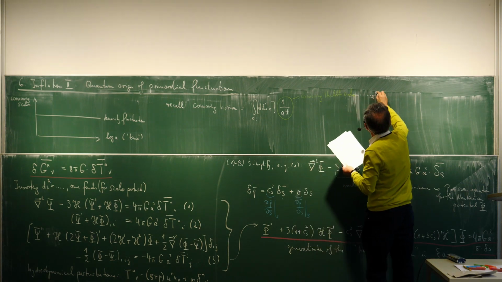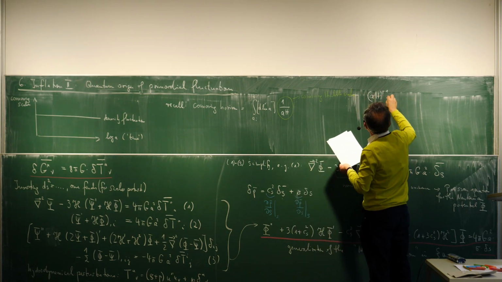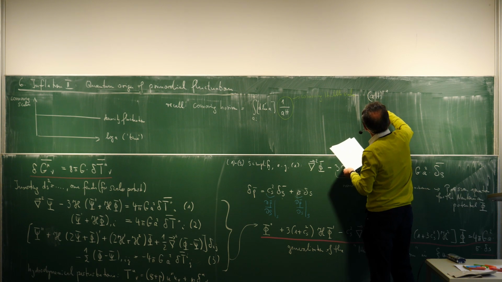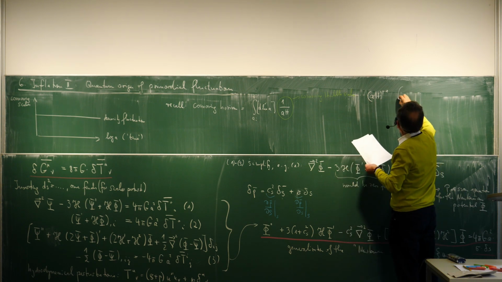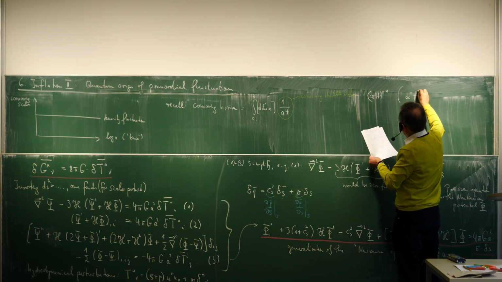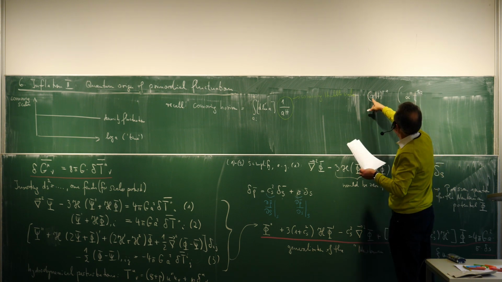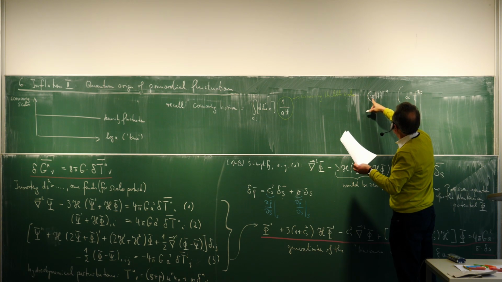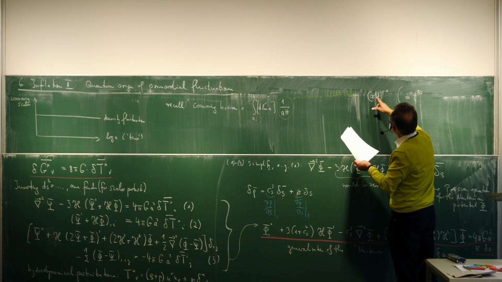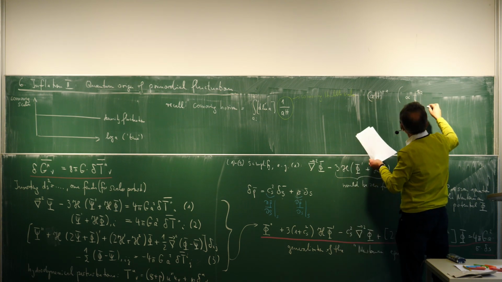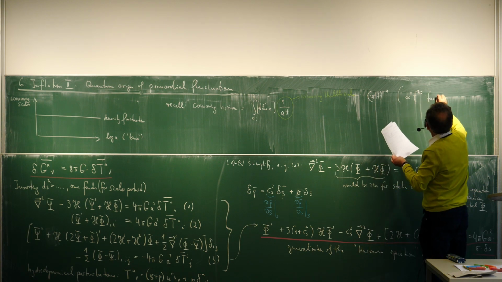So it's a H to the minus 1. And for example, for the radiation-dominated universe it is proportional to t to the 1/2, because a is proportional to t to the 1/2, and H is proportional to 1 over t for radiation dominance.